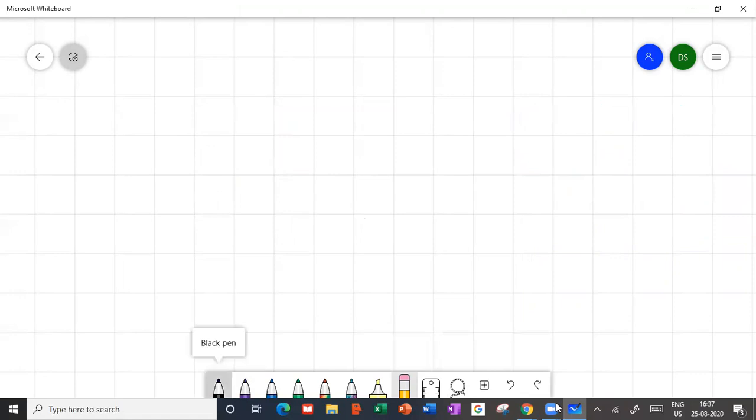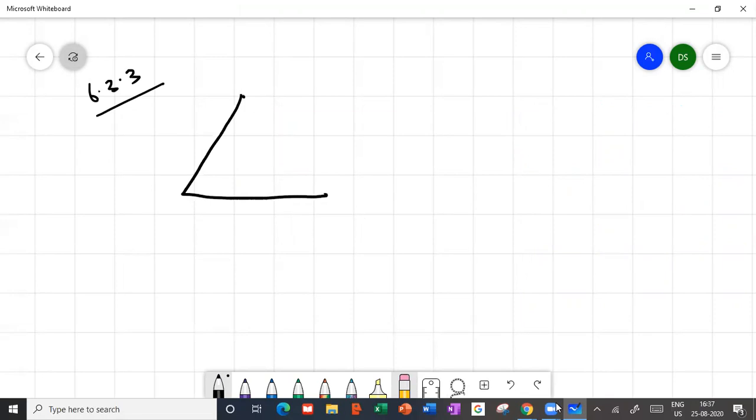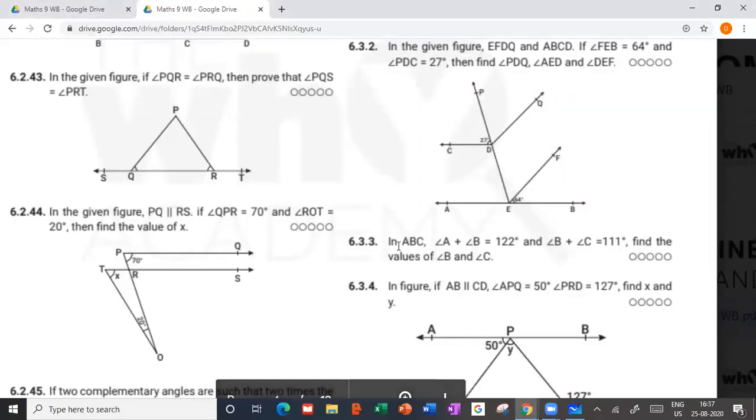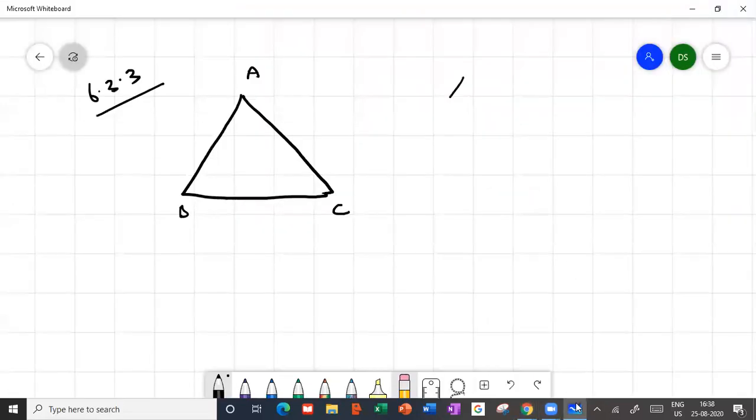Okay, so they have given you 6.3.3, triangle ABC. You don't need to draw. Is this a triangle? Yes, it is a triangle. They should have put a triangle figure actually, but they just thought it would be self-explanatory. It is easy.